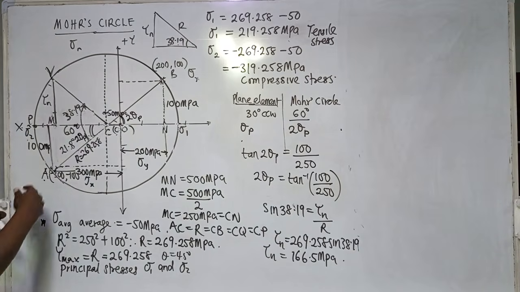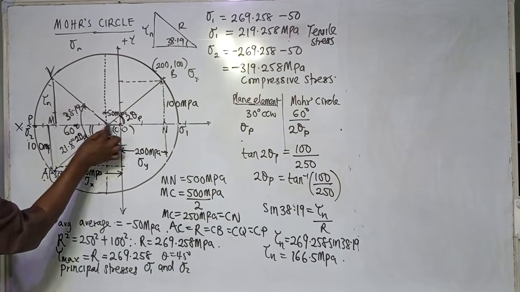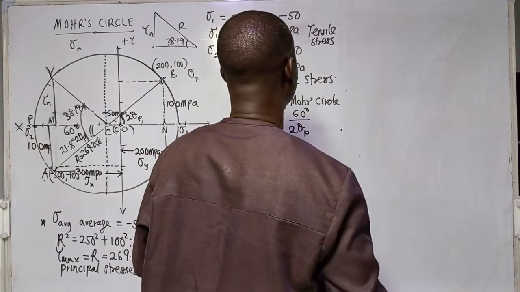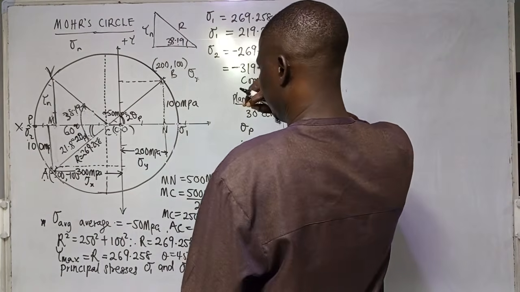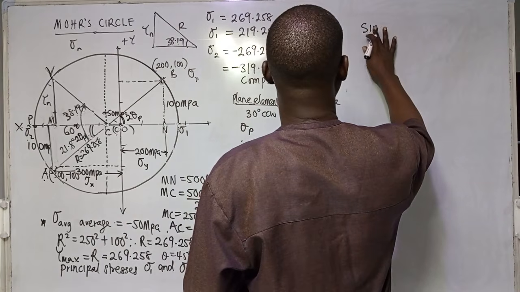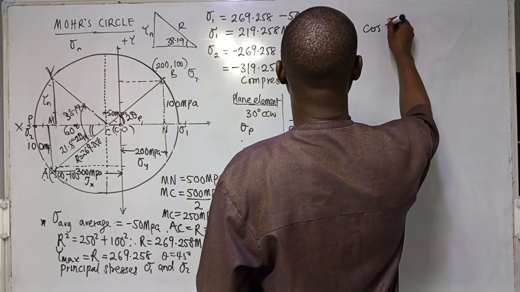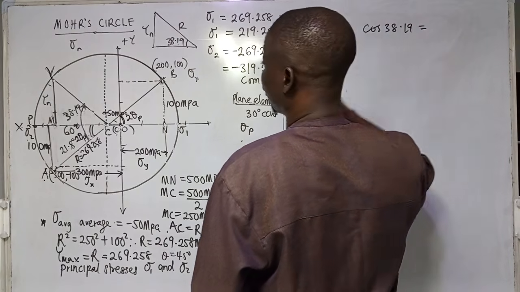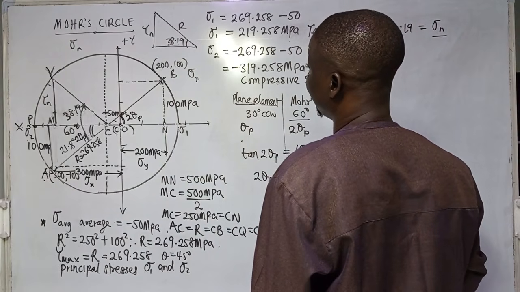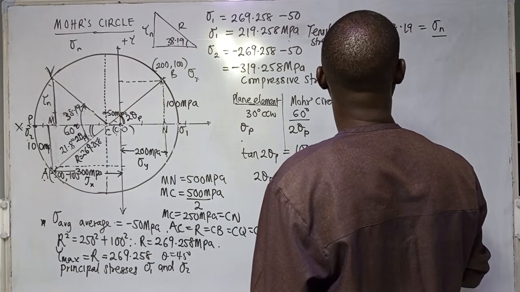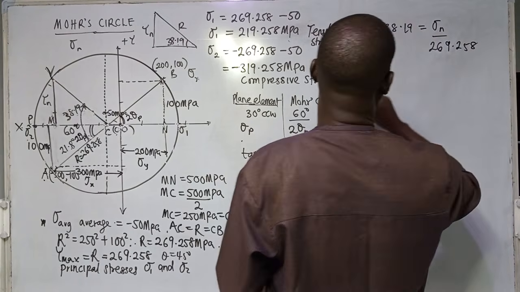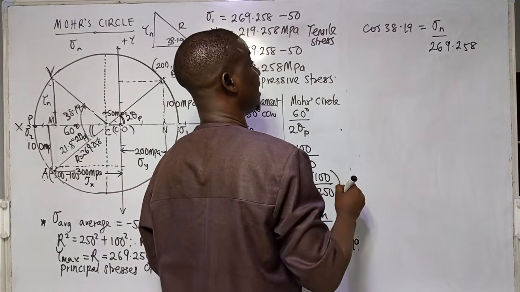That is not the normal, because the normal must be measured from the origin. So what do we do now? Not sine this time around, because cos 38.19 equals adjacent over what? What is the hypotenuse here? It is 269.258. You see? Adjacent over hypotenuse.